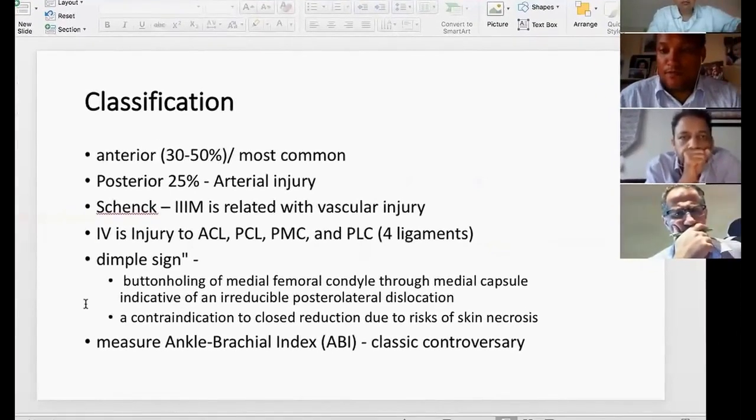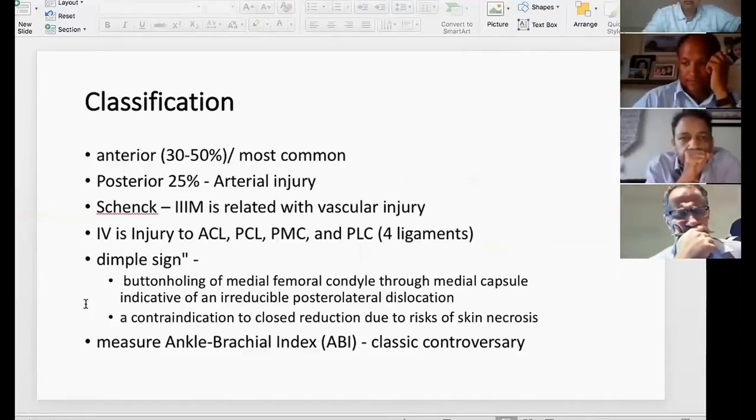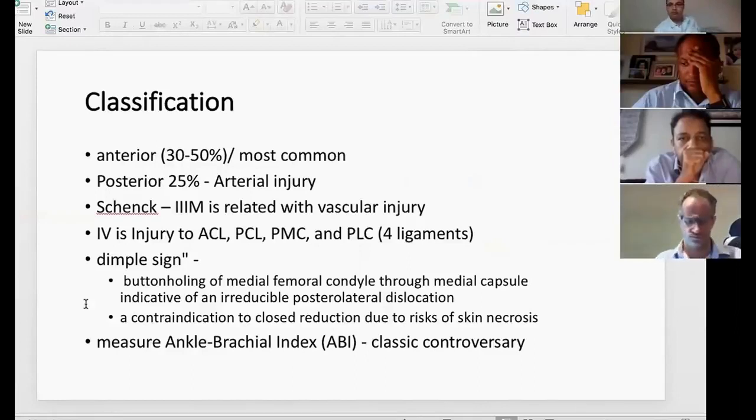Okay, for the classification system, you don't need to know the very comprehensive Schenck classification, although it's very simple. You just need to know Schenck 4 means all 4 ligaments are gone. Schenck 3 is either medial collateral or lateral collateral, so 3 ligaments: ACL, PCL, and either the medial or lateral collateral are gone.